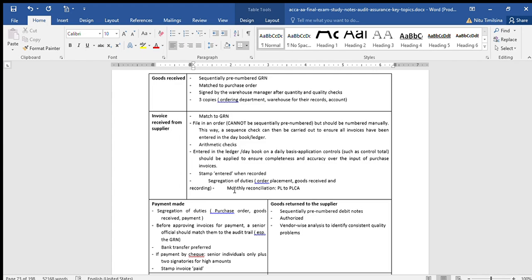Stamp entered when recorded. Segregation of duties: order placement, good received, and recording should be separately done.